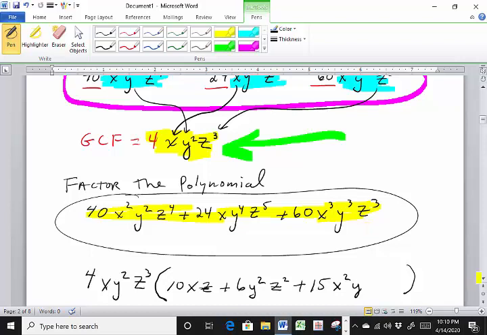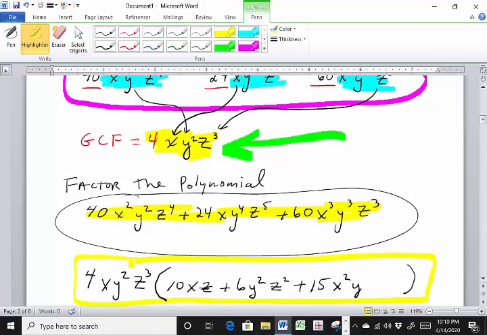So now, to check yourself, okay, first let me go back. This is in factored form right here. This guy is factored, okay? All right. Now, to see if we did this correctly, you would just use the distributive law. You'd say this times this, right?